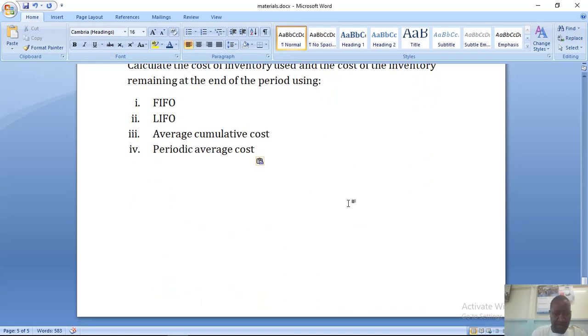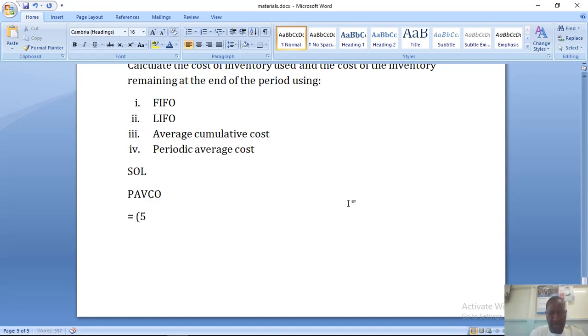So you say solution, periodic average cost equals the total value of units received.